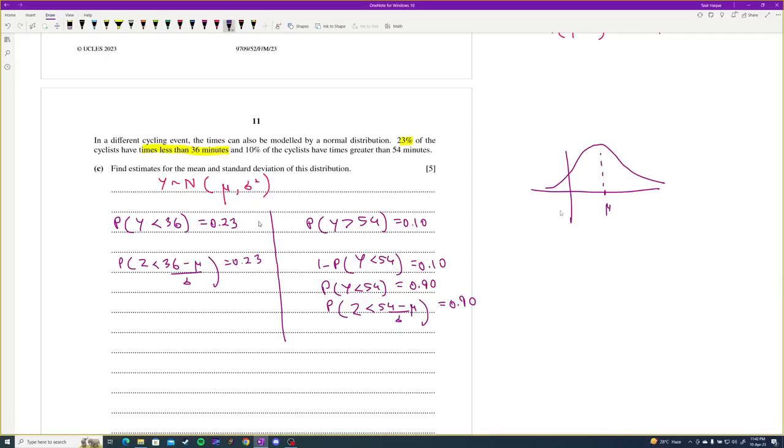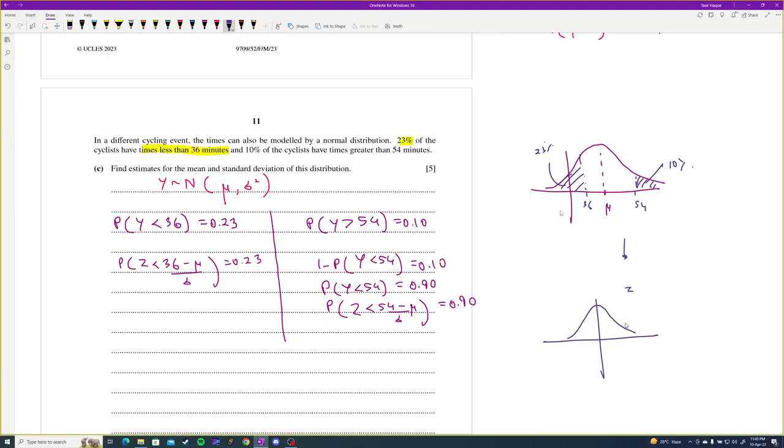Basically, above 54 minutes, if this is 54, we have 10%, and below 36, 36 is somewhere over here, it's basically 23%. Now, after you convert it to the standard normal distribution, this is the standard normal distribution Z.